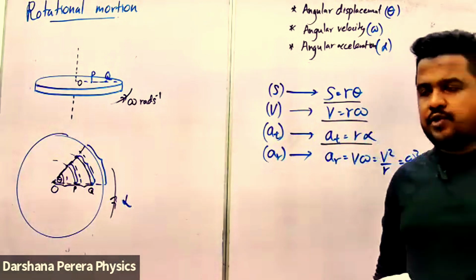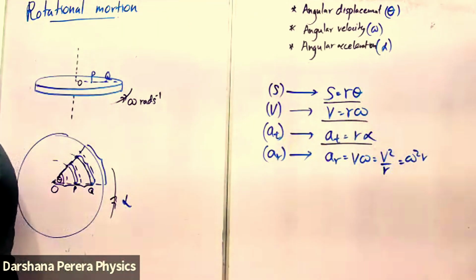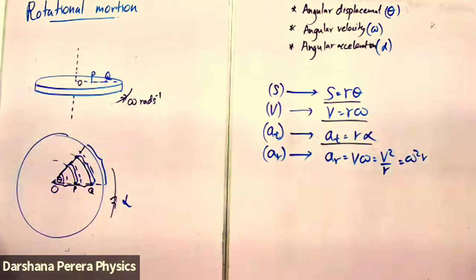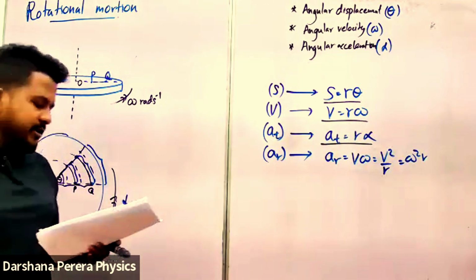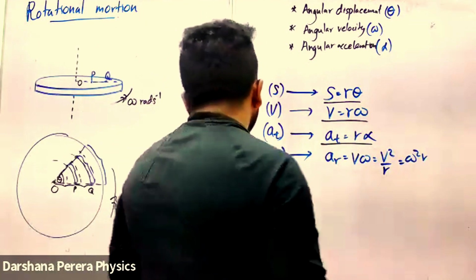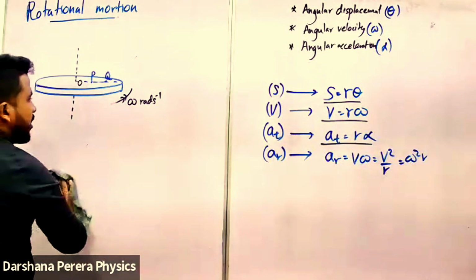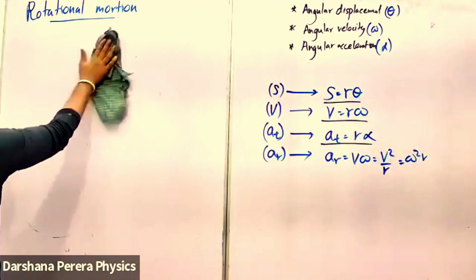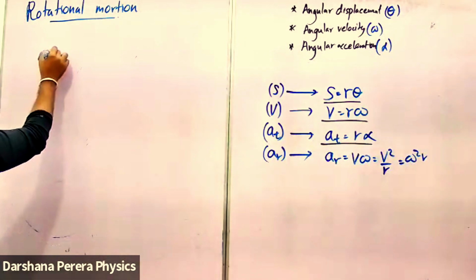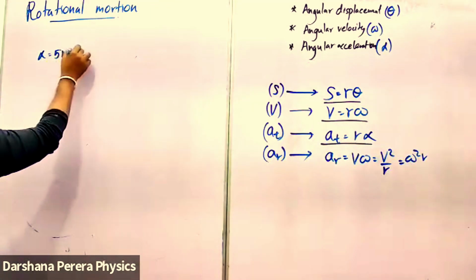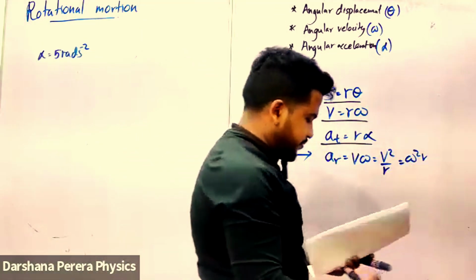After starting the switch of the fan, it gets accelerated with alpha equals 5 rad s^-2.